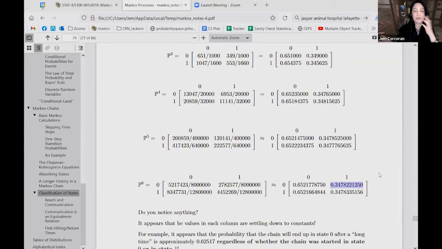This is called a limiting distribution for the Markov chain, and they don't always exist. The Markov chains do not have to settle down like this. And so we're going to talk a lot more about the idea of a limiting distribution. I'm sort of just going to leave that right there. The reason I bring this up now is because we're going to start to look at a bunch of definitions that may look a little dry and totally abstract.